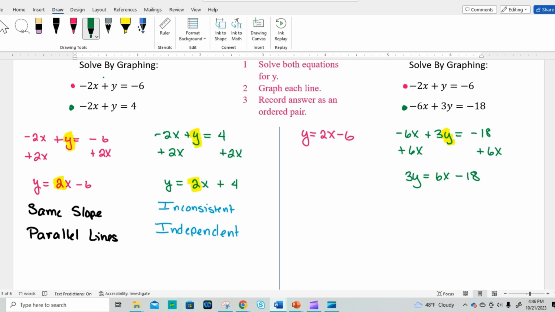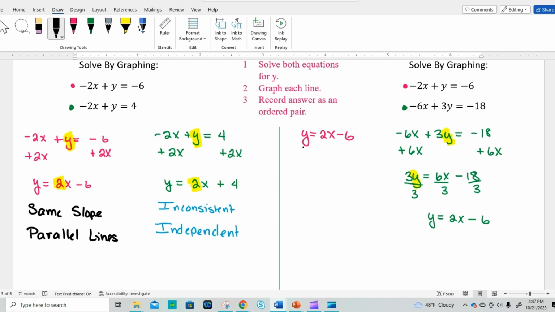All right, well, that doesn't really look like anything like the other one right now, but my y is not alone yet. I've got to continue to solve for y, so I'm going to divide by 3. If I do that to one thing, I do it to everything. So I have y is equal to 2x minus 6. Oh, wait a minute.